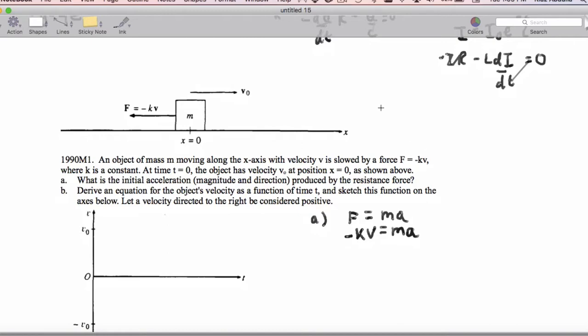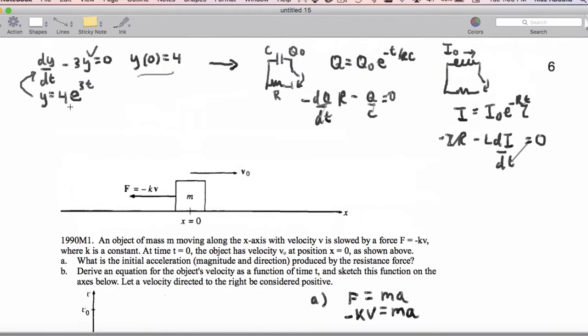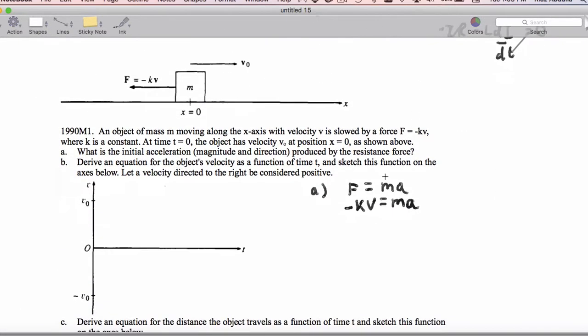In our calculus textbook, we're usually solving for a variable like y. In our RC circuit, the variable was q. And in our RL circuit, the variable was I, the current. So just an abstract variable y, the charge q, and the current I. Here, we're going to be solving for the velocity as a function of time.